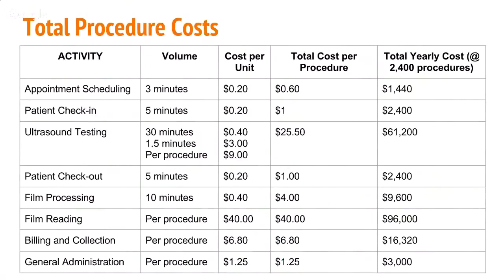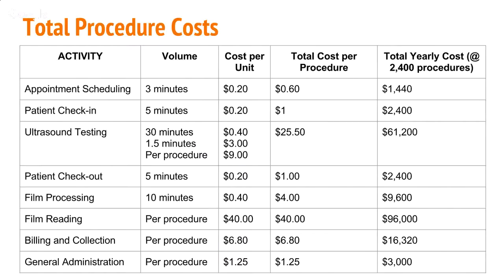This slide shows the total procedure costs for the year listed by each activity. For example, the first row shows appointment scheduling. It takes 3 minutes to do an appointment scheduling for each procedure at a cost of 20 cents per minute, so it's a total of 60 cents per procedure.